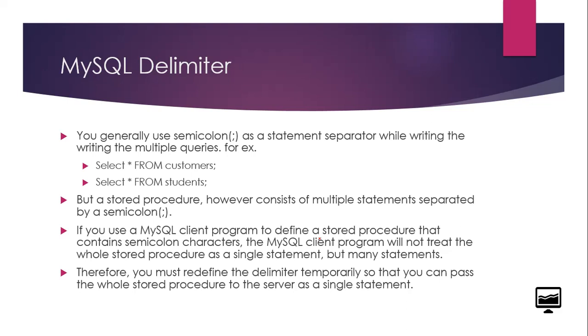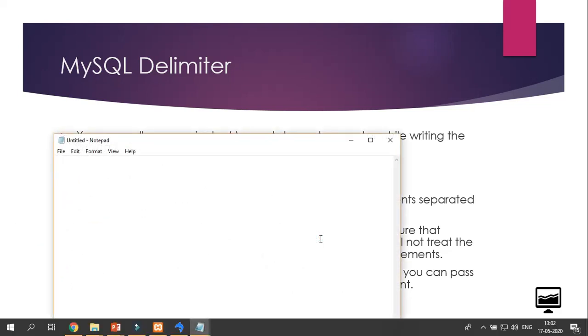Let me give you an example. I'm writing a simple stored procedure. You do not know the basic syntax, but see here. Create procedure, name suppose test, begin, and select star from customers.